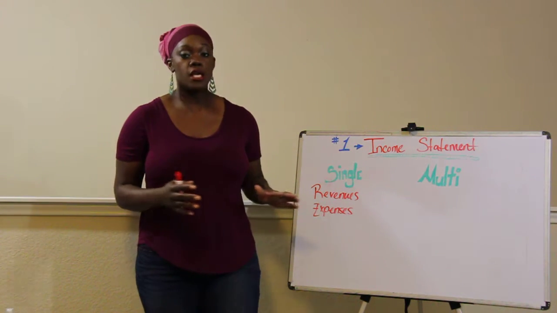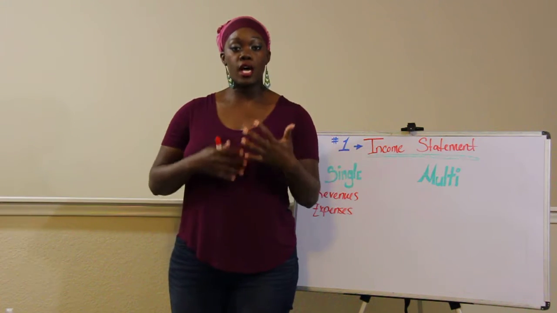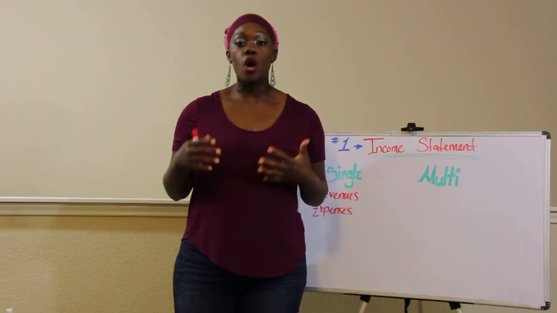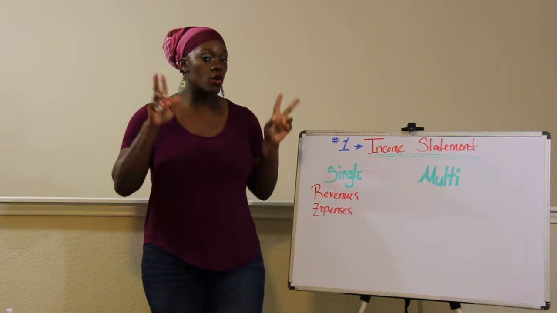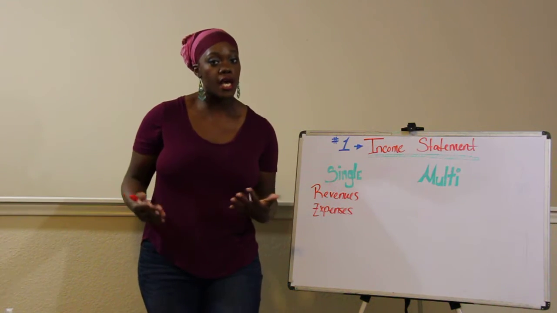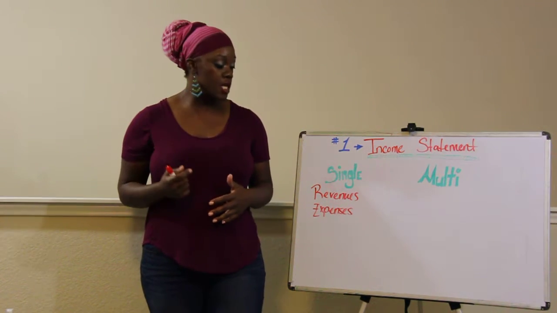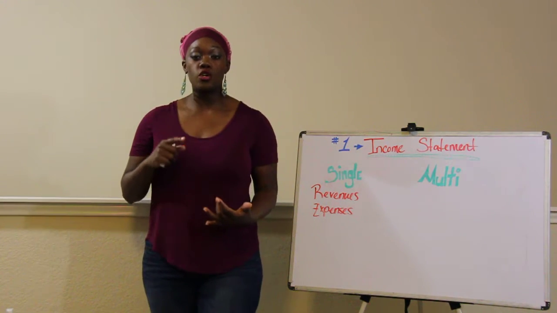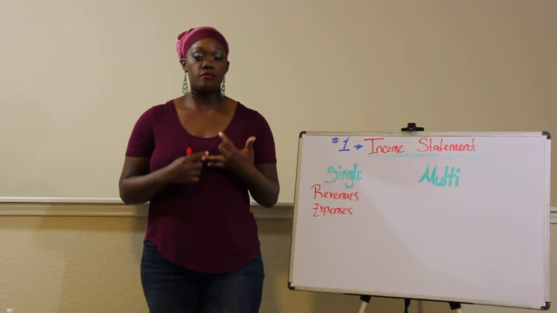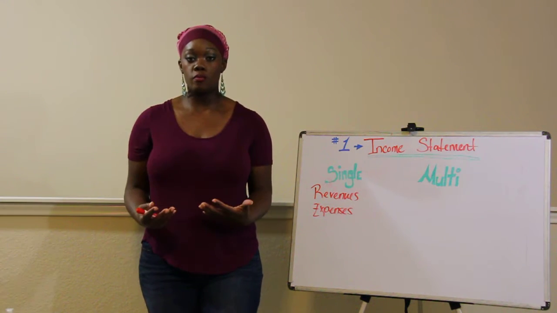Another way to help process it is to think about your own personal income: inflows of money, which are your revenues, your paycheck and other forms of money coming in. And then expenses are things like your rent expense, your utilities, and other things that you spend your money on on a regular basis.